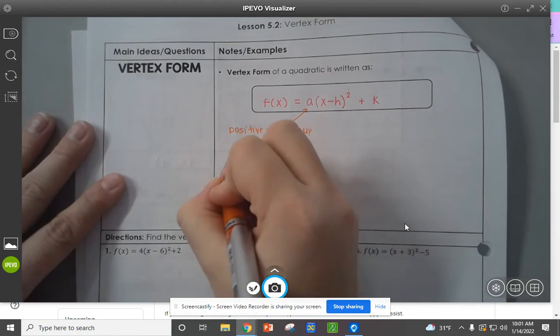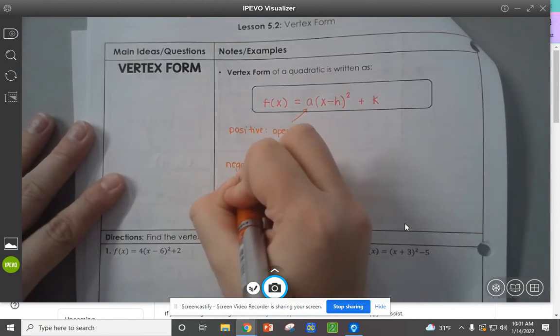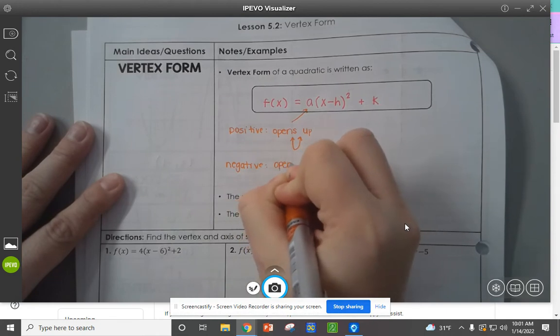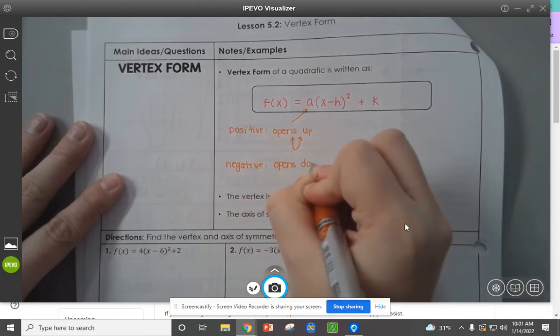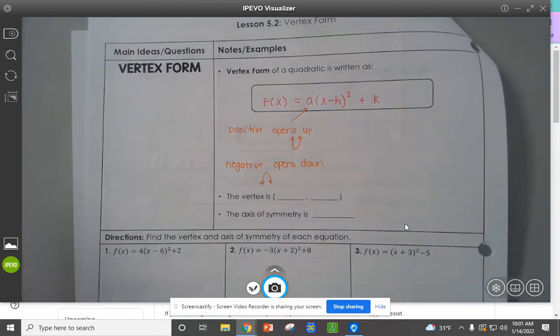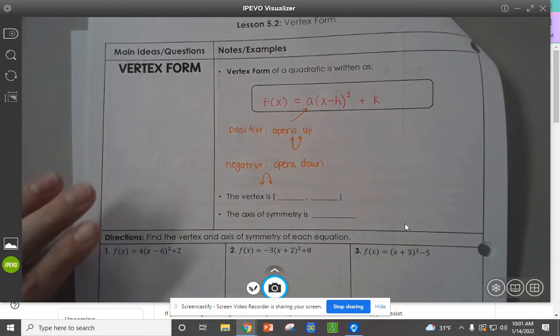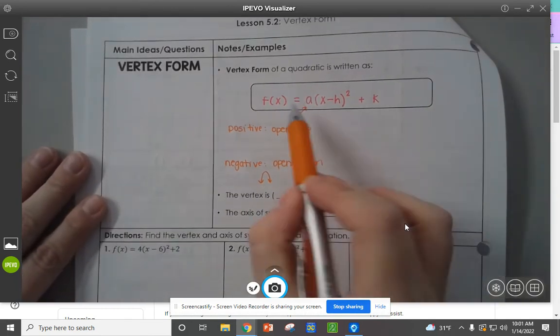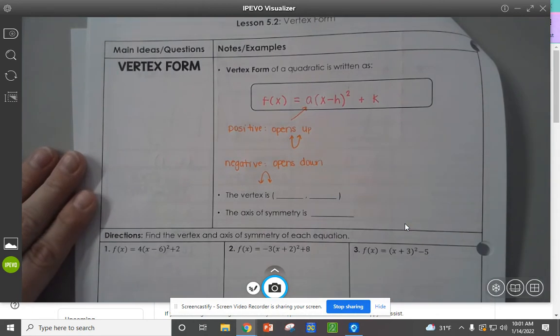And if it's negative, it opens down. If you don't see a number at all in front of the parentheses, we would just assume it's a positive 1. You might see just a plain negative, that would be a negative 1.